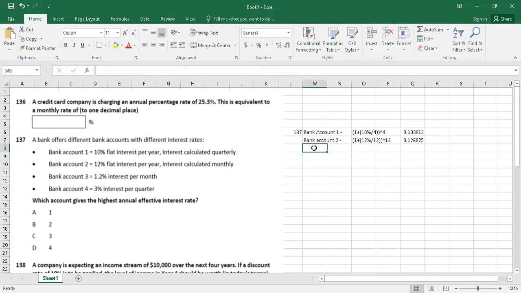Then we have bank account 3. Bank account 3, we have it as 1.2% interest per month. So directly we can write it here as 1.2% interest per month.